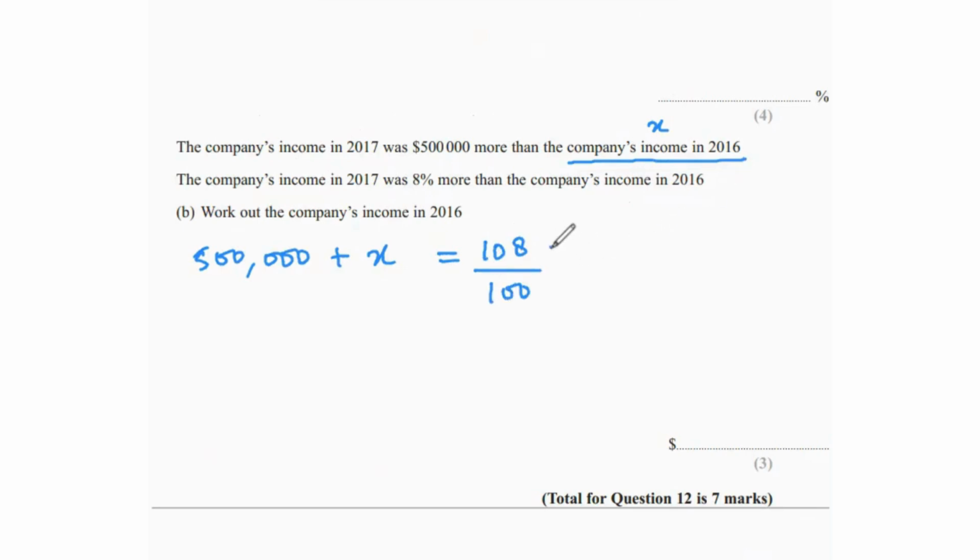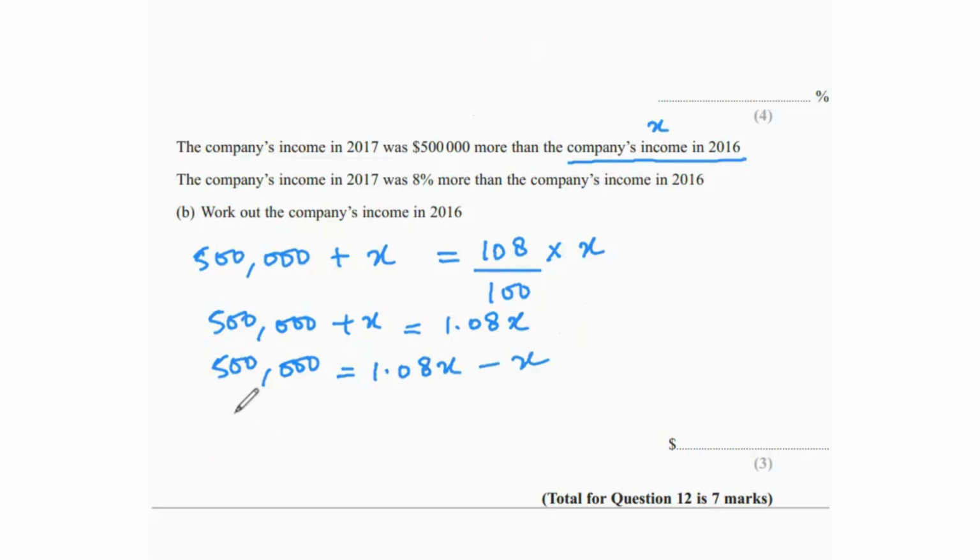So that's 108% of X. So that's 500,000 plus X equals 1.08X. Take the X to the other side. So that's going to be 1.08X minus X. So 500,000 equals 0.08X.